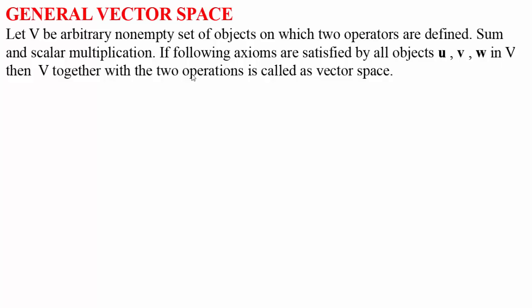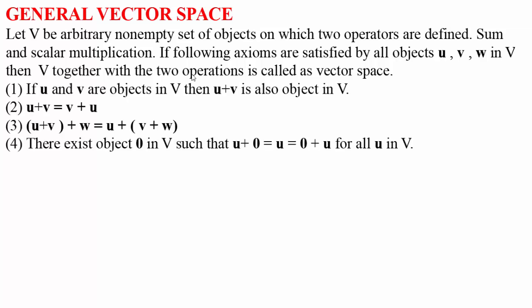If V is a non-empty set of objects with these two operations, and if the following axioms are satisfied by all the objects u, v, w in the set V, then the set V together with these two operations is called a vector space. All the objects in the set V must satisfy the following axioms.